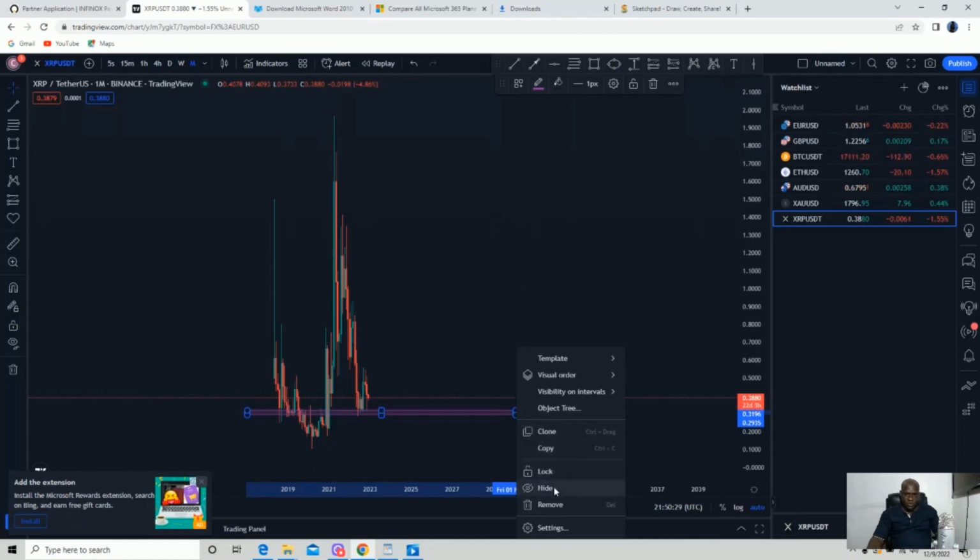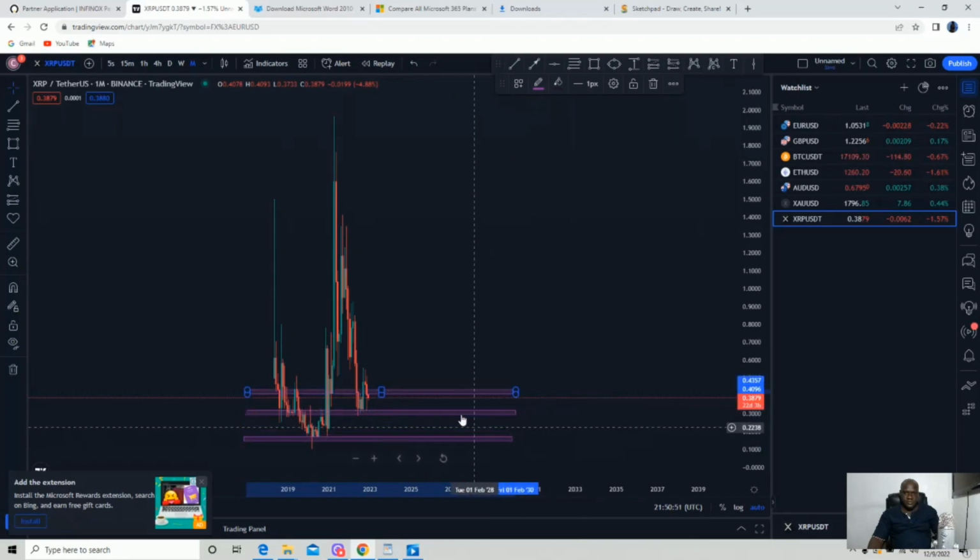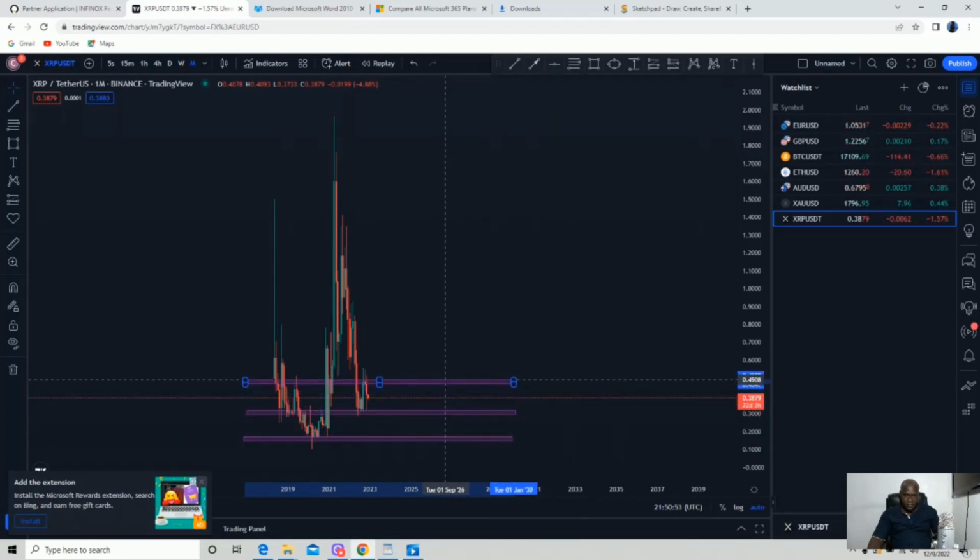Then we draw another one on the other support level. Let's put this one on this other support level here. And let's put the third one on this resistance level, where this resistance is also some support.